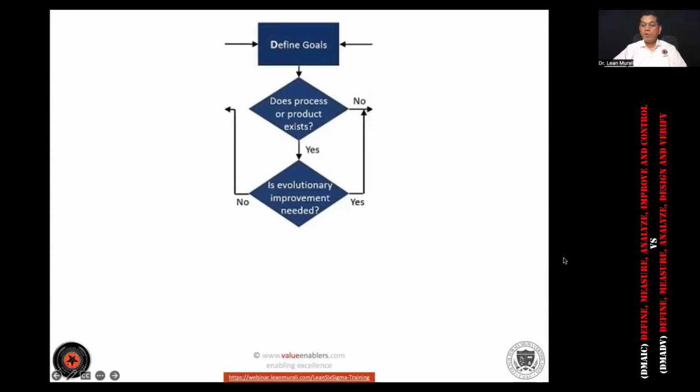Okay, now let me go into a final depth. In every project, you need to define goals and you ask, does the process or product exist? If it is no, you take this route. If it is yes, you come to this. Is evolutionary improvement needed? If yes, we will take one route.